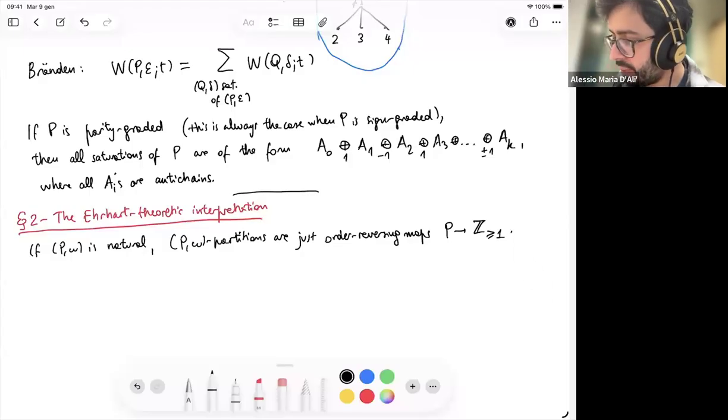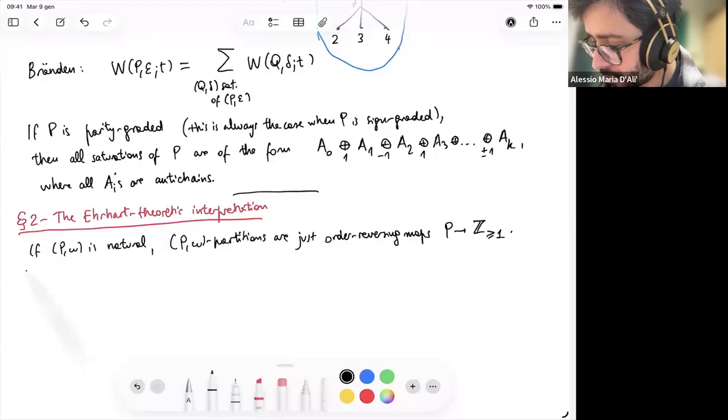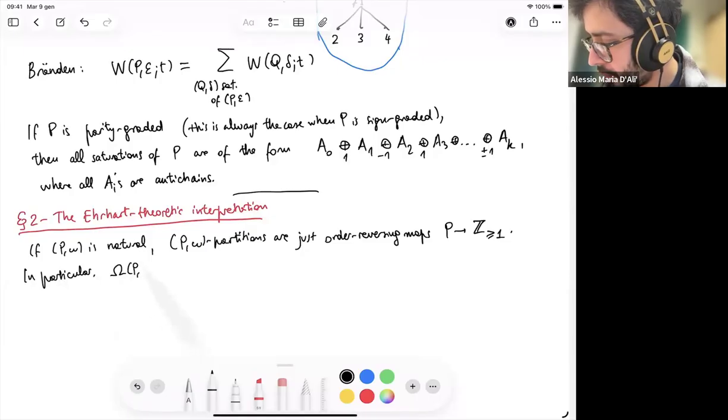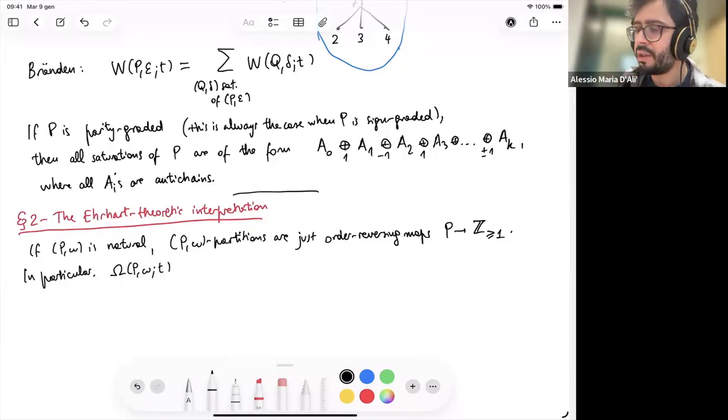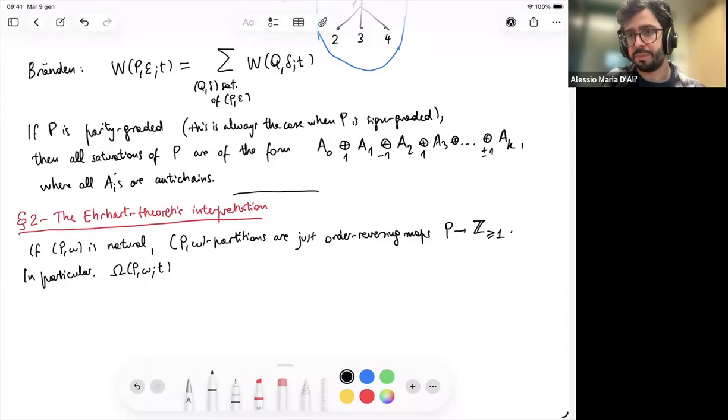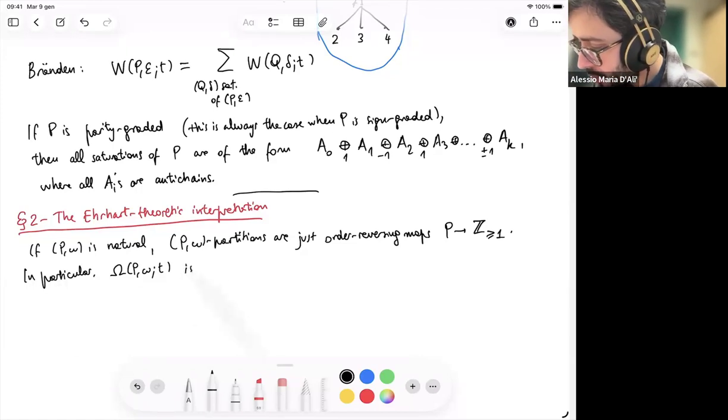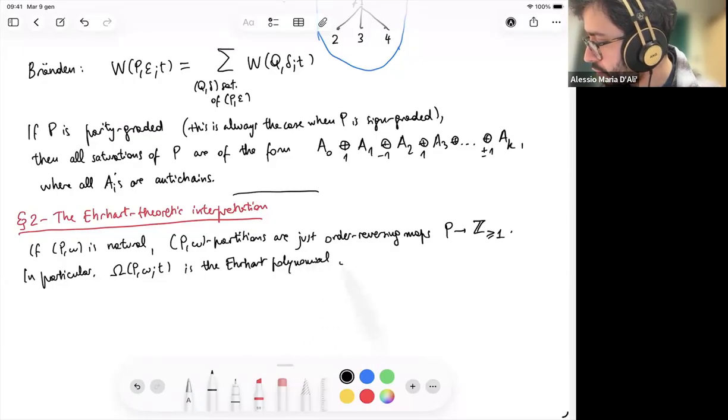So in particular, the Omega_{P,omega}(t), this was counting those P-partitions, but in this case, we are just counting order reversing maps. This happens to be the Ehrhart polynomial of a certain polytope, which is known as the order polytope. So what is that?